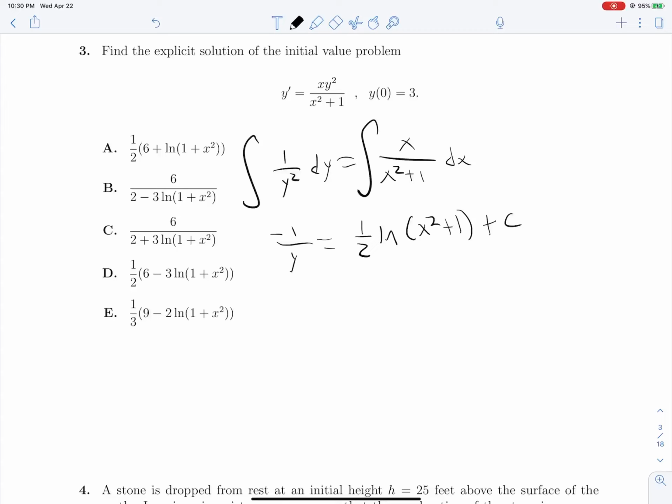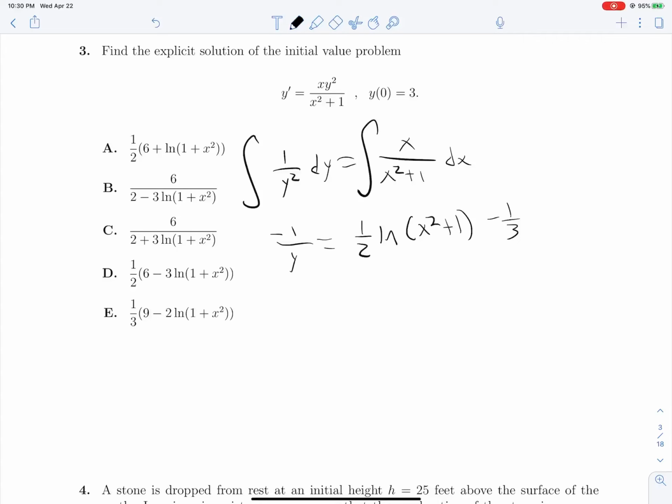Let's solve for this value of c, given that y at 0 is 3. So negative 1 over 3 is equal to 1/2 ln of 1, so that's 0, and this is just equal to c. So c is negative 1/3.